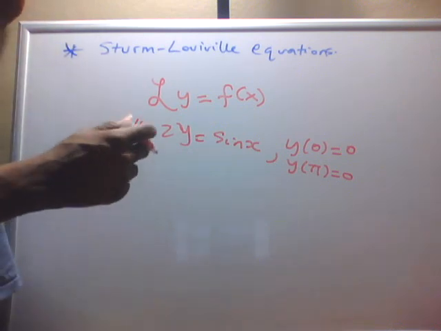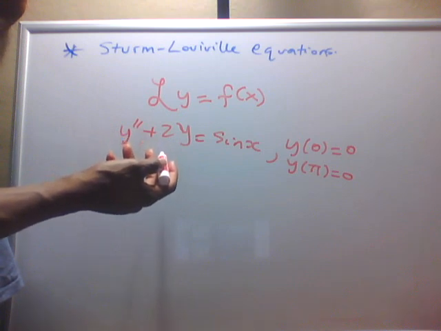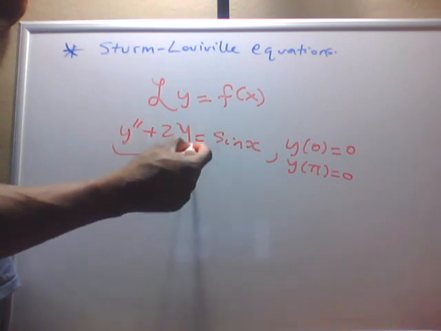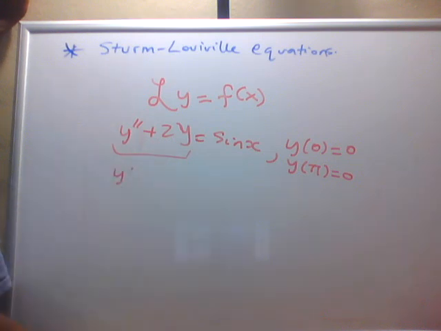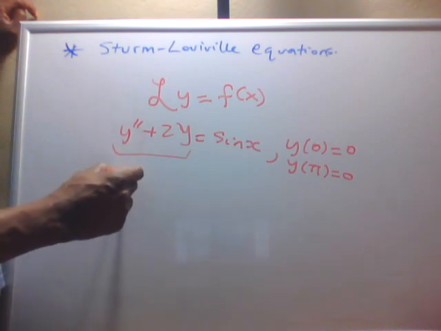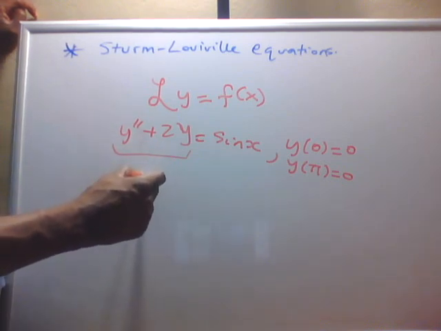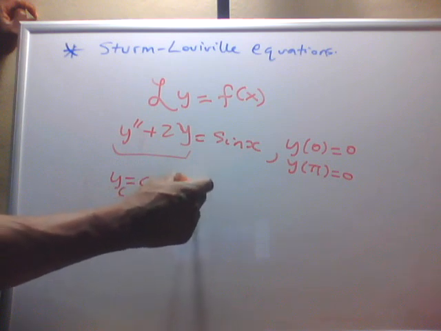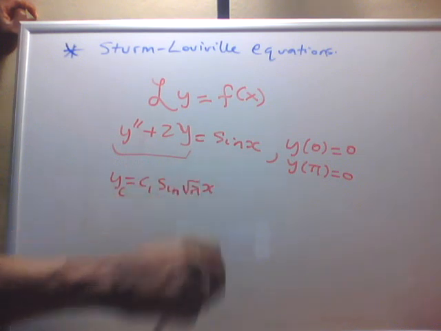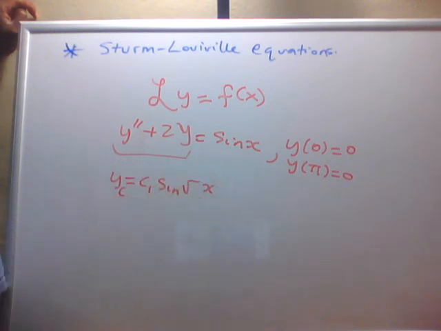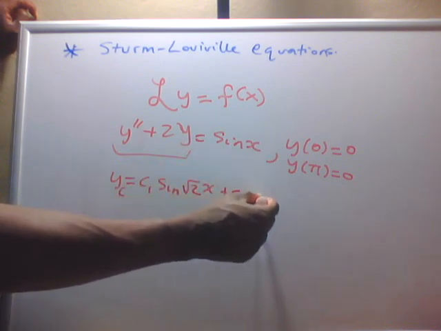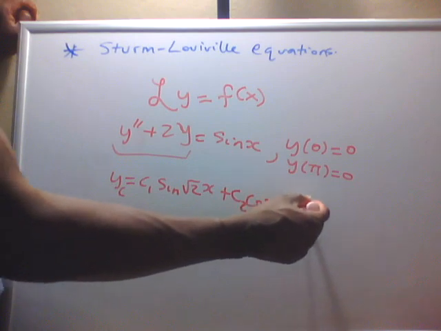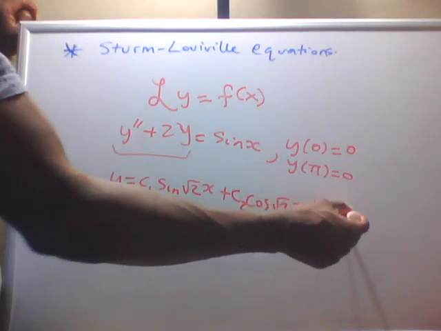Okay, we can solve the homogeneous form using the characteristic equation: y equals c1 sine root 2x, sorry, plus c2 cosine root 2x, plus some particular solution.